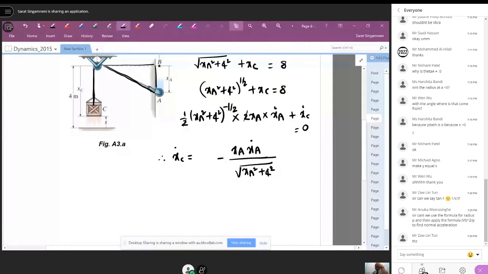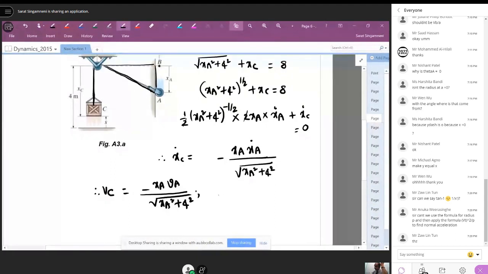But xc dot is velocity of c equal to minus x coordinate of a. Xa dot is velocity of a divided by root xa squared plus 4 squared.